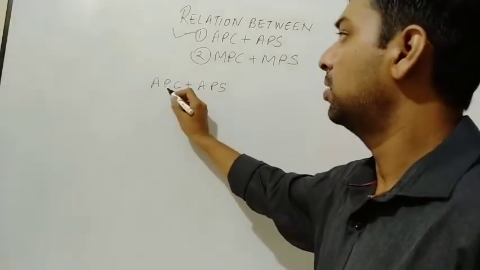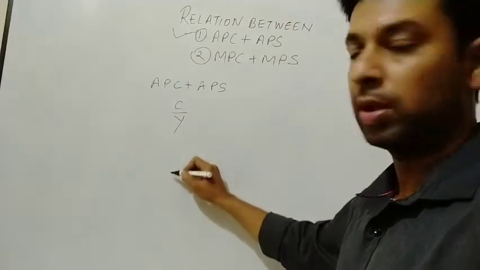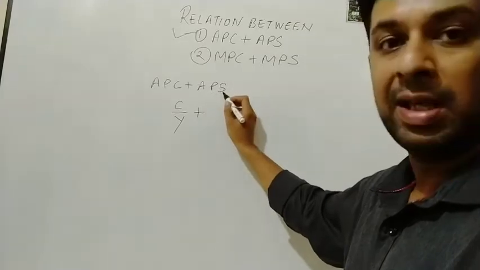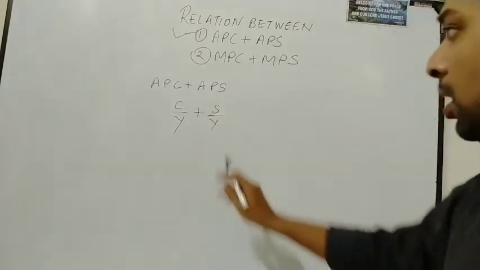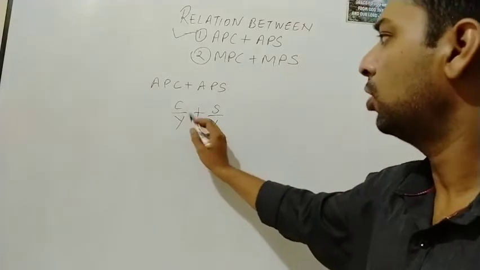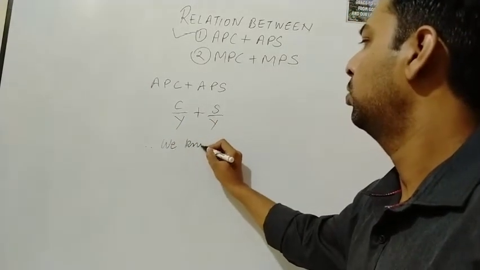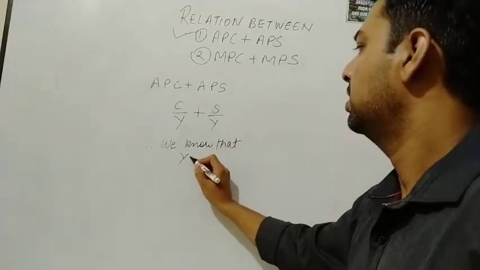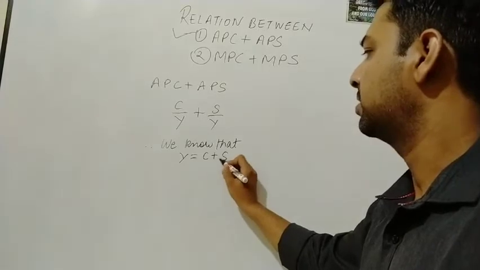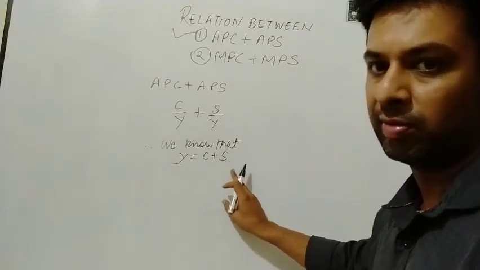We know that the formula for APC is C upon Y, and the formula for APS is S upon Y. We also know that Y is equal to C plus S. Income will either be consumed or saved.